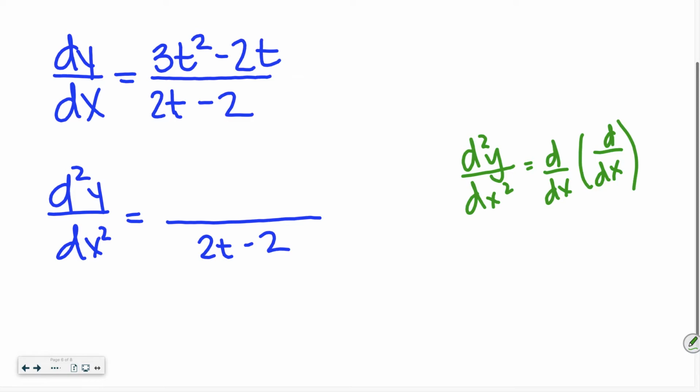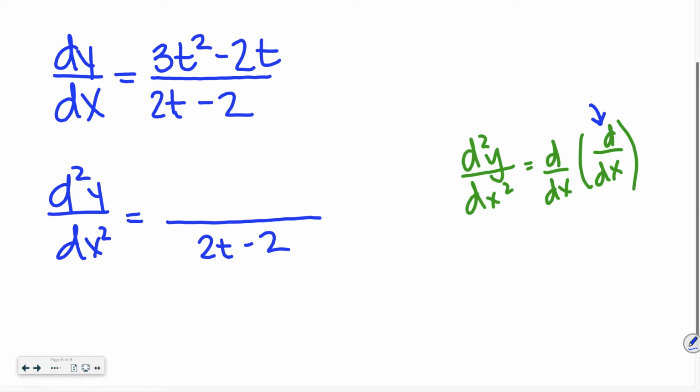I'm a seeing kind of person. Yeah. So if this is in terms of t, when I take its derivative with respect to x, but it's all in terms of t, I also need to take the derivative of x with respect to t to cancel out the dt's, essentially. So, but why don't you take the derivative of the bottom too?